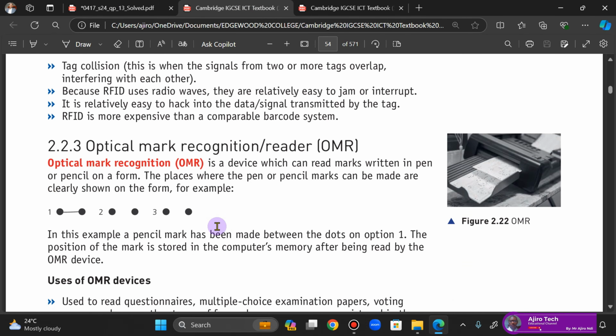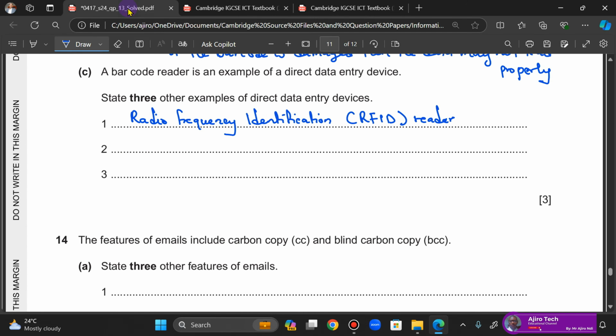We have the optical mark recognition. This reads marks. Optical mark recognition, to write them in full, which is what we call our OMR. So let's put reader. Okay.